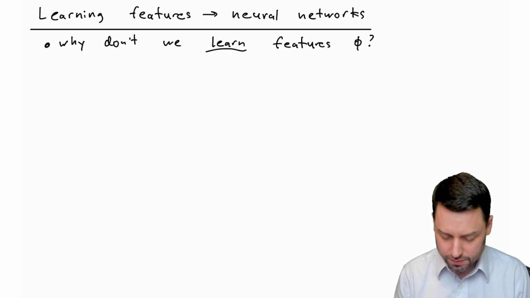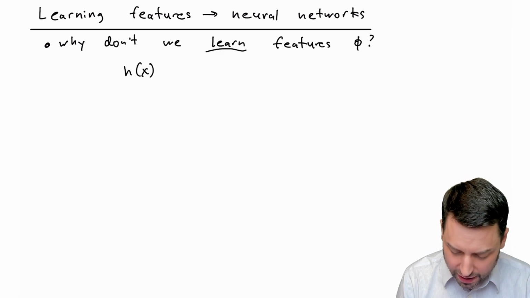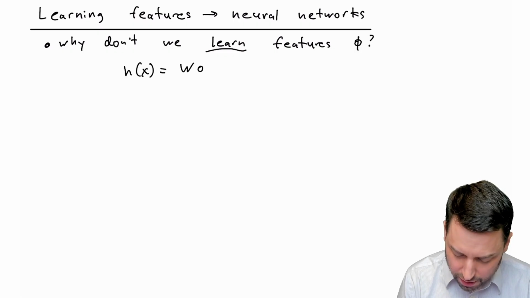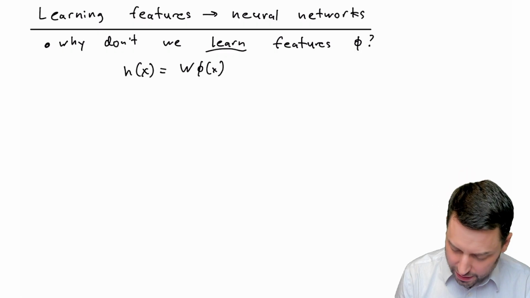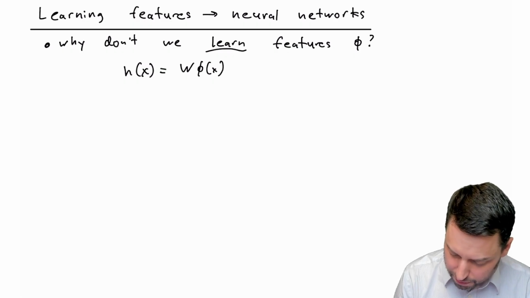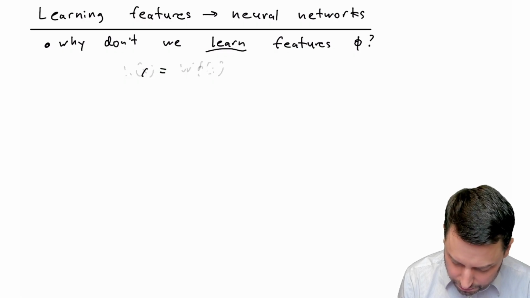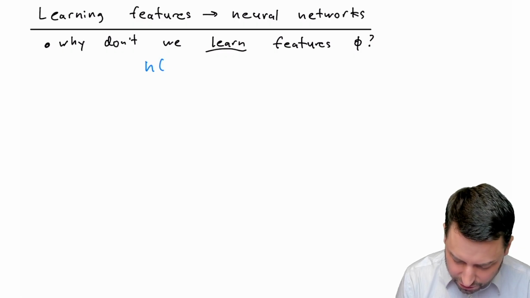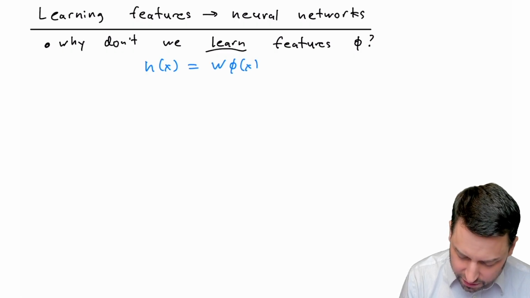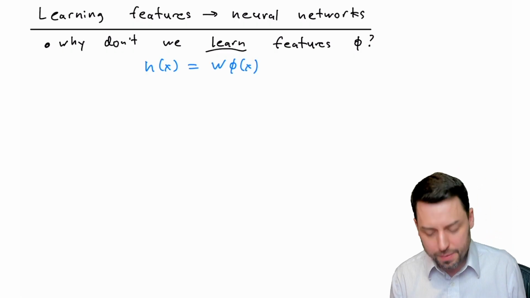So in other words, we have our model, h of x equals w phi of x, for some function phi.